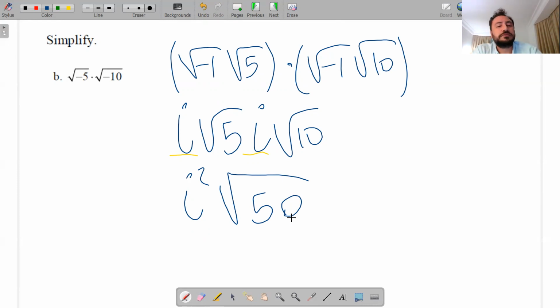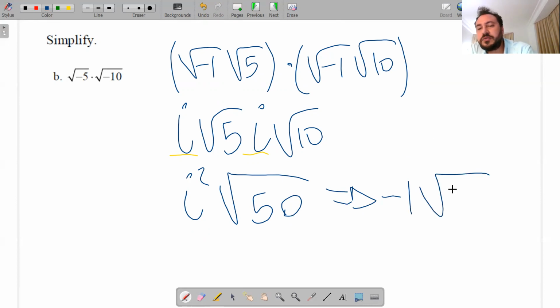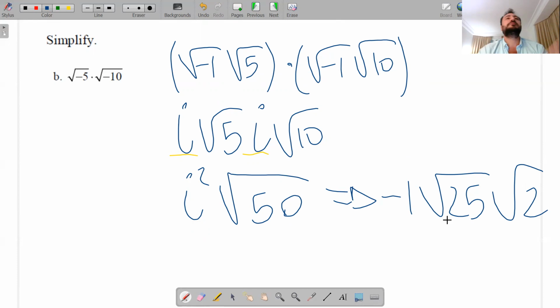Now, i to the power of 2, as we know, can be changed to -1. Then multiply square root of 25 by square root of 2. Why did I do that? 50 is a number that, if we do factorization, is the result of 5 by 5 by 2.